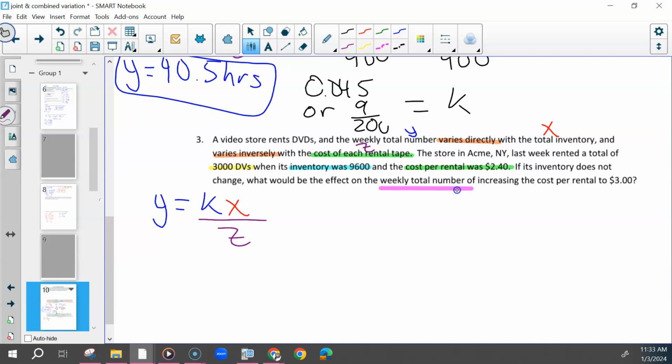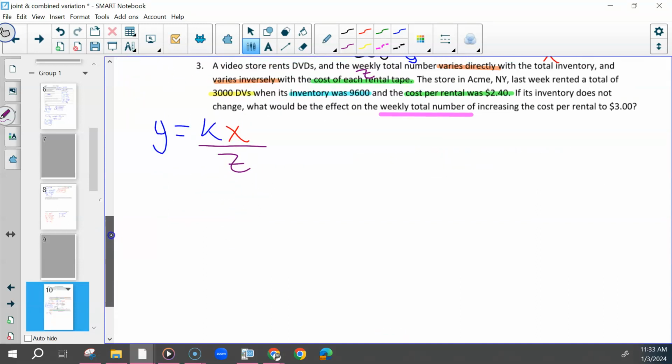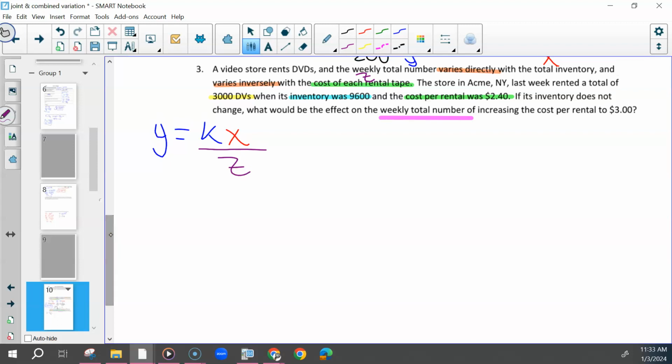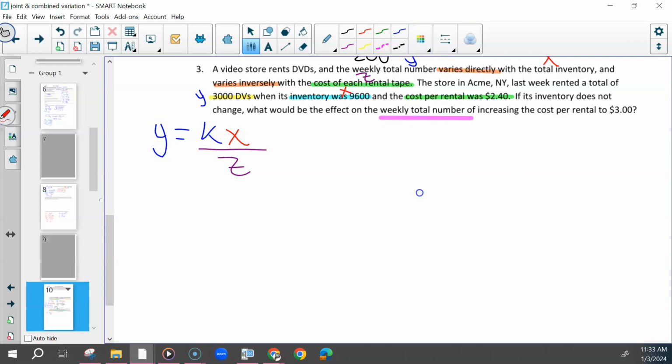So then we're going to use the three numbers they gave us, the 3,000, the 9,600, the 2.40, to find our k. DVDs equal, that's Y, inventory is X, and then the cost is Z. Relabeling the numbers, especially when there's multiple, will help you figure out which one is which, so you don't confuse them.